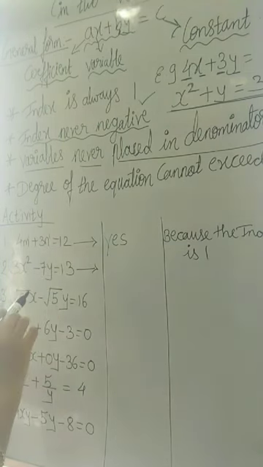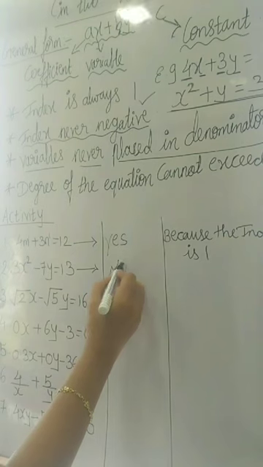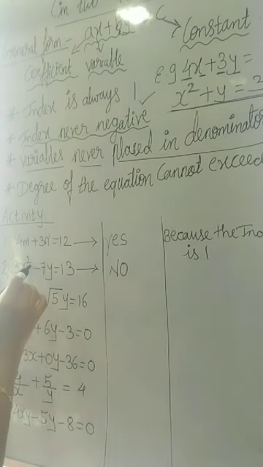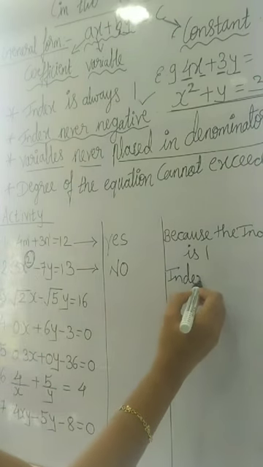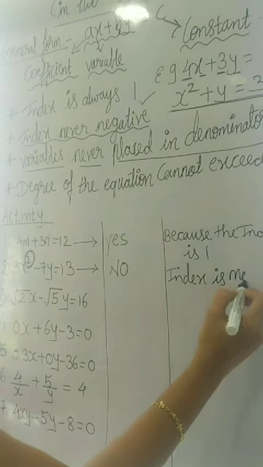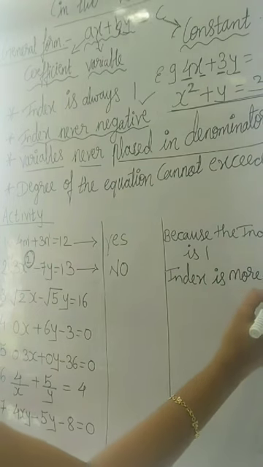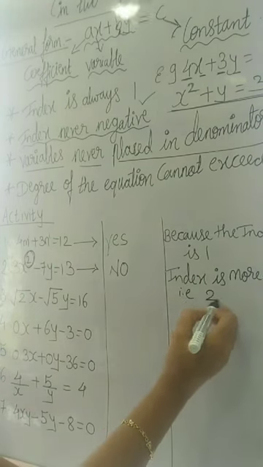Can I say it is a linear equation? No. Why is it not a linear equation? Because here I can see that the index is more than 1, that is 2.